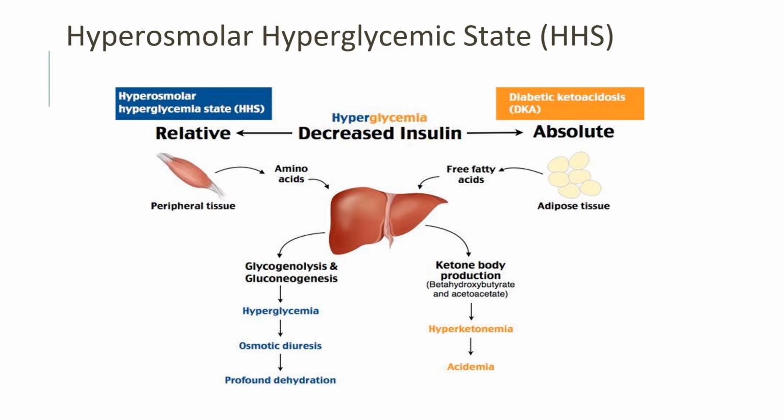I've also seen this referred to as hyperosmolar hyperglycemic non-ketotic state, HHNKS. So with both of these disease processes, you see that there is an overall decreased insulin within the body.